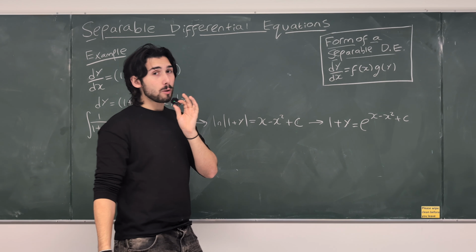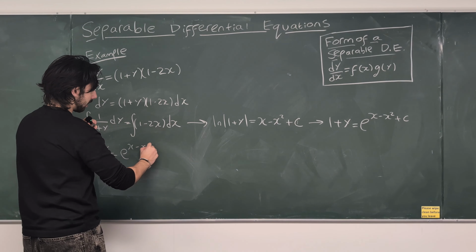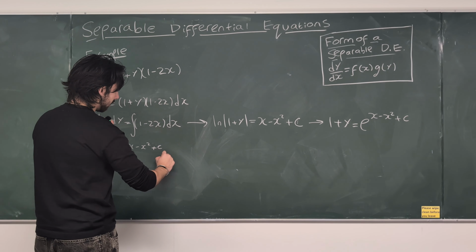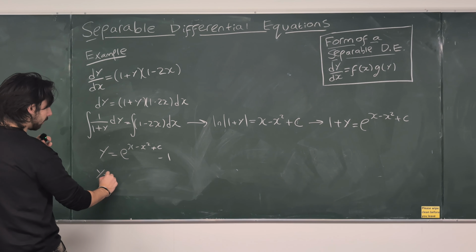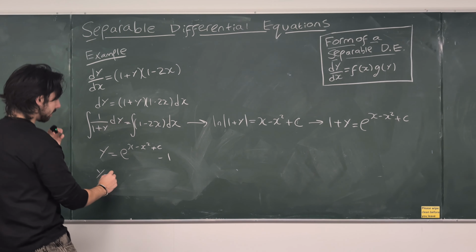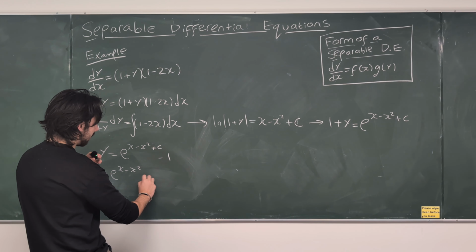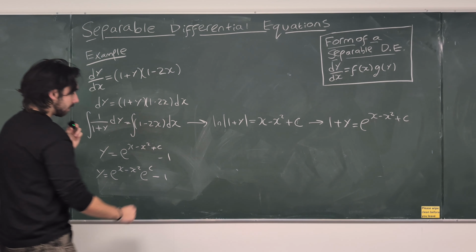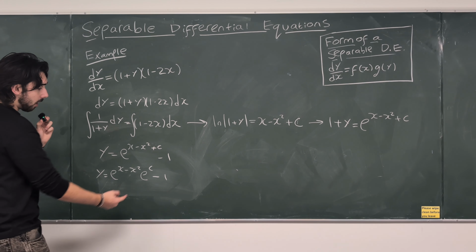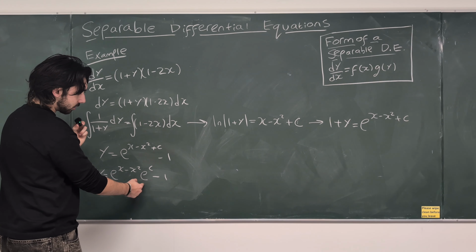Okay, then we should take 1 away from both sides. So we've got y equals e to the power of (x minus x squared plus c) minus 1. And then let's write this as e to the power of (x minus x squared) times e to the power of c, minus 1. And I've done this because e is a constant and so is c.